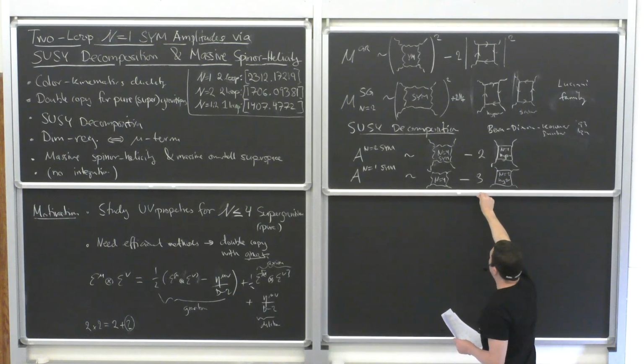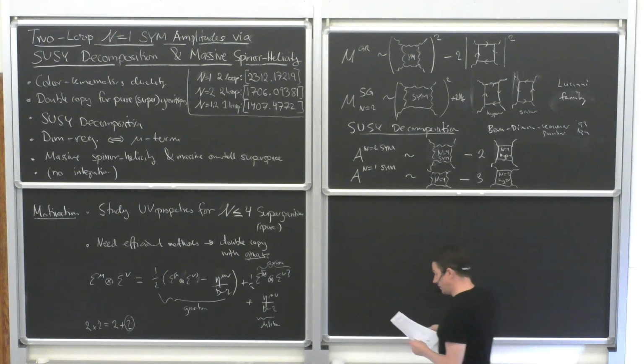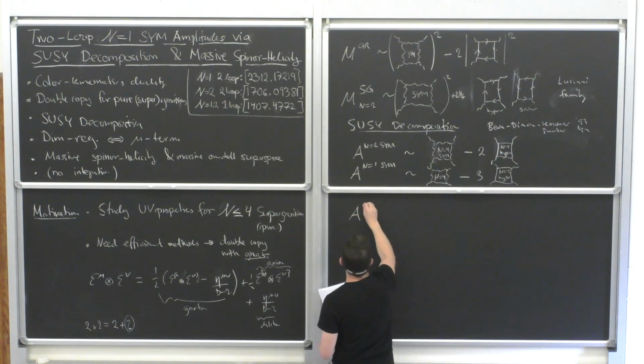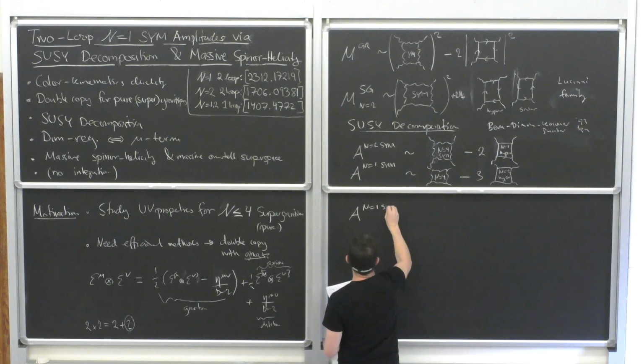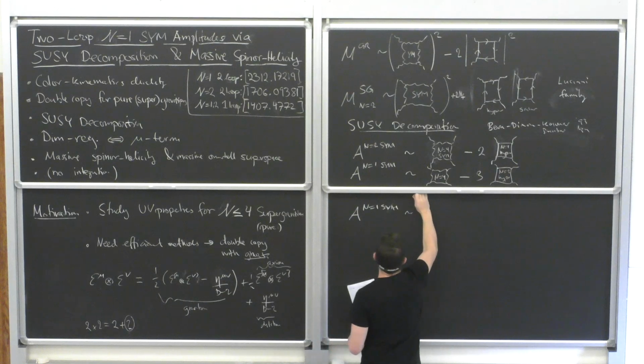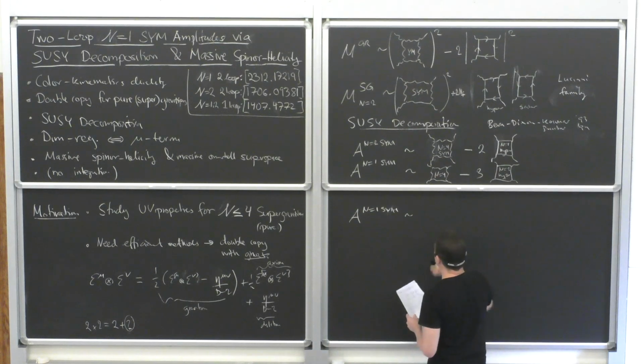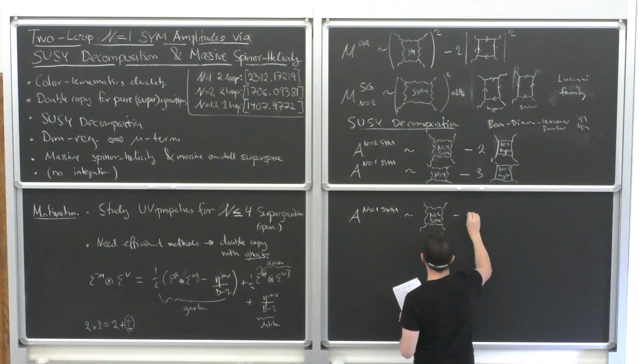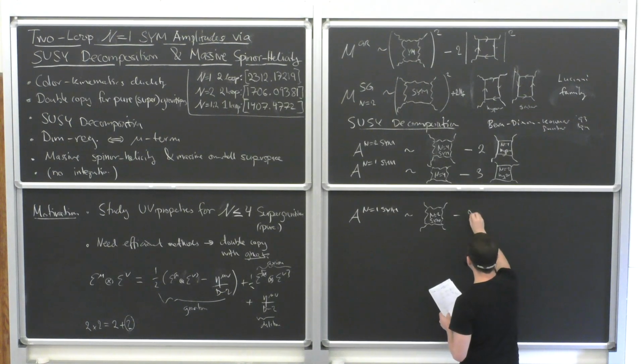So let me actually write this second identity in a different way. We can also think of n equals 1 super Yang-Mills as starting from n equals 2 super Yang-Mills, and then we just subtract two chiral multiplets.